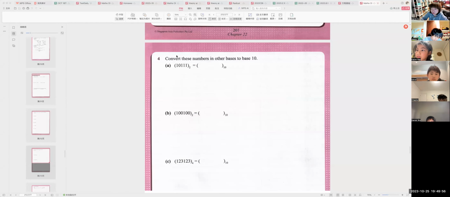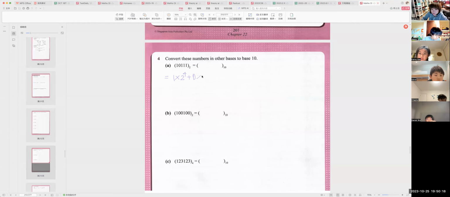Okay, so let's take a look at this one. 还记不记得怎么做啦？这个 because that's a base 2, right? So it's equals what? Elaine, do you still remember? Equals 1 times 2 to the power 4, very good.